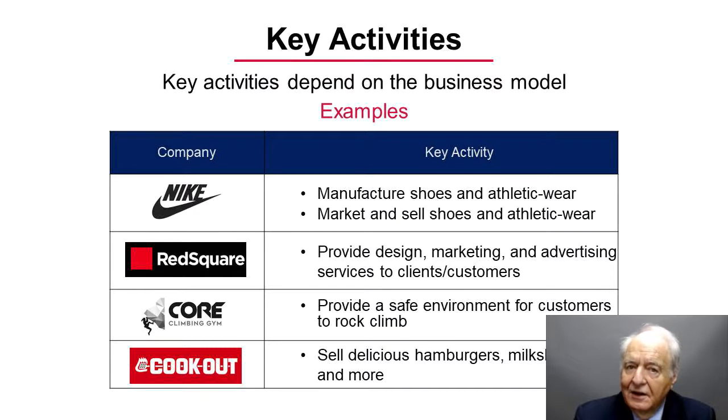So do you see the difference? The benefit is we provide great hamburgers. The key activity is we have to have the equipment, the staff, and the raw materials to make these great hamburgers.